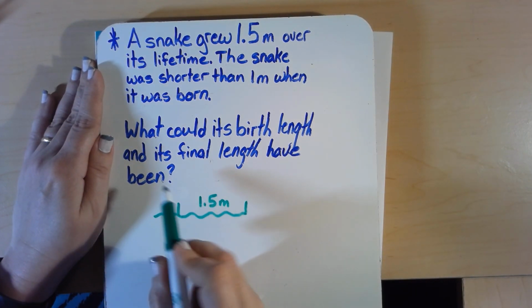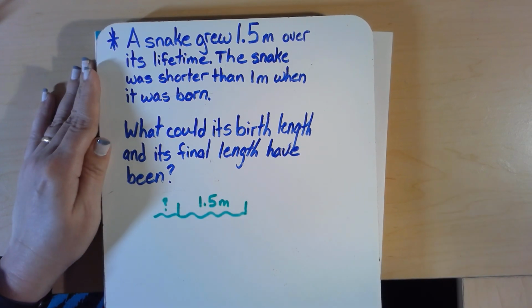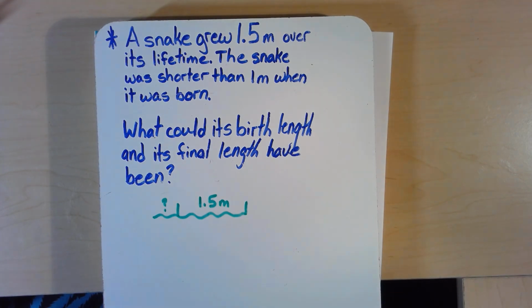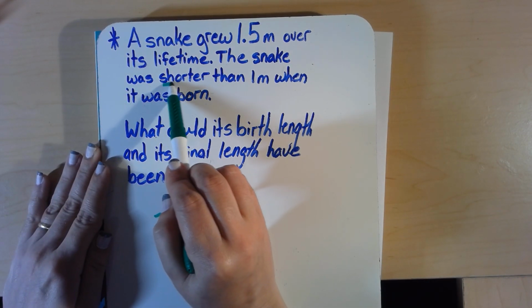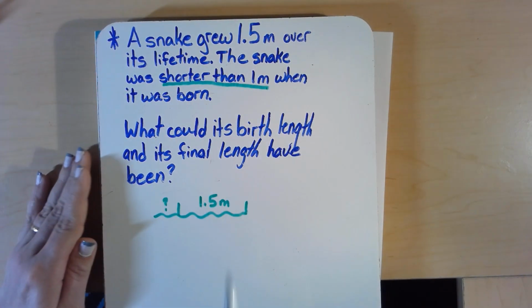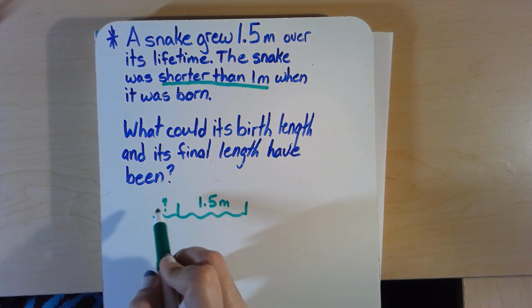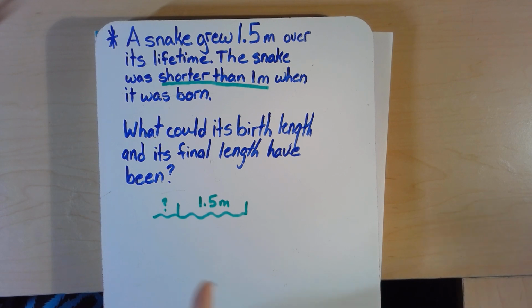And they want to know, what could its length be when it was born? But I know that it was shorter than 1 meter. I don't know what it was, but I know that it was shorter than 1 meter.